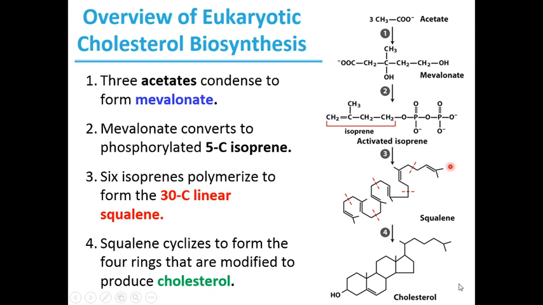In the third stage, polymerization of 6 5-carbon isoprene units results in the formation of a 30-carbon linear molecule called squalene. And in the fourth stage, cyclization of squalene results in the formation of the 4 rings of the steroid nucleus, with a further series of changes such as oxidation, removal or migration of methyl groups to produce cholesterol.